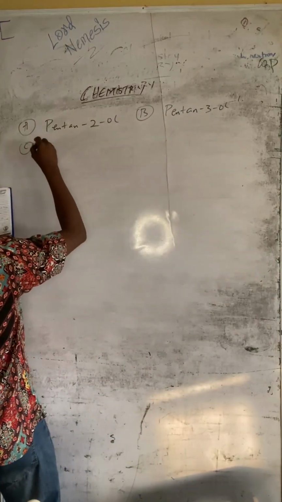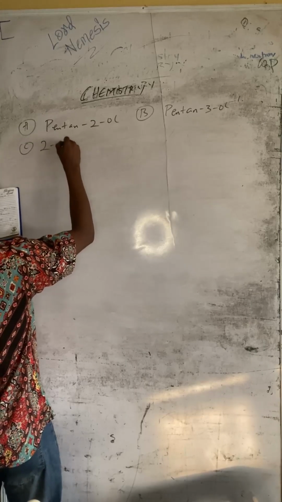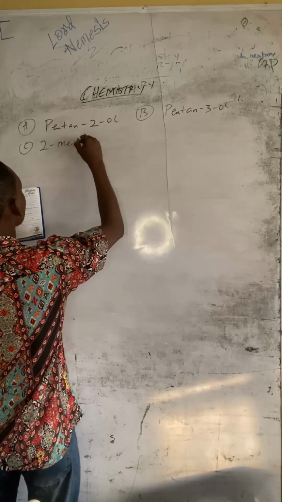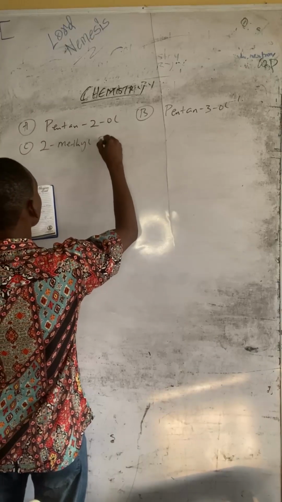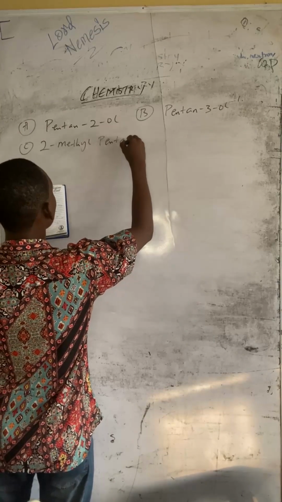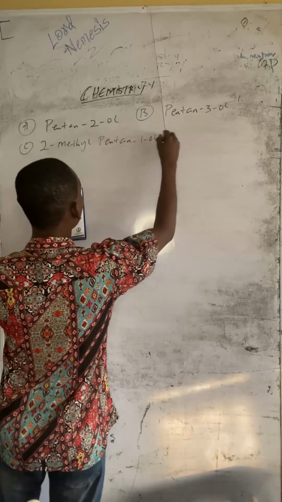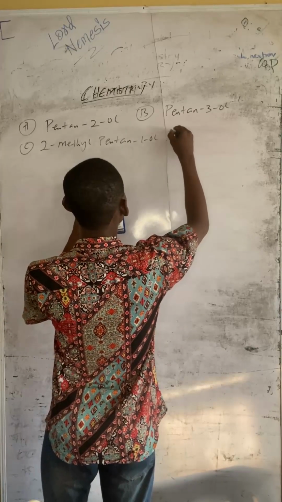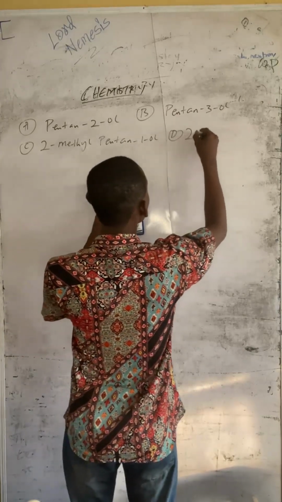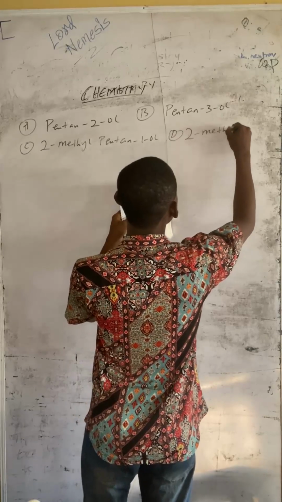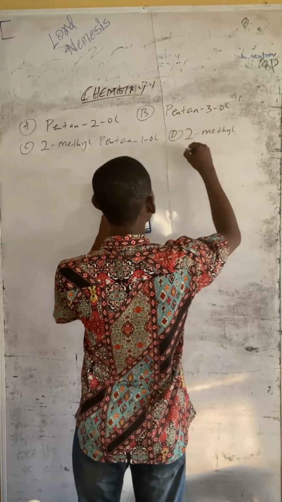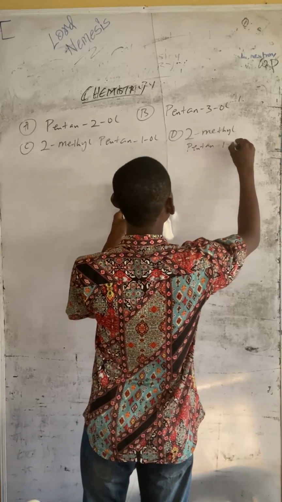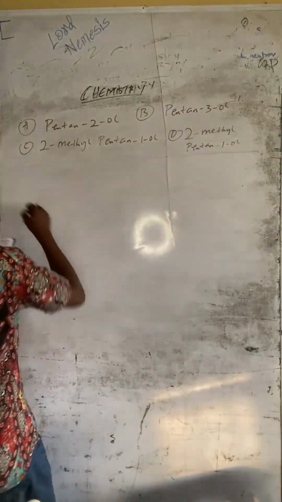Option C is 2-methylpentan-1-ol, and option D is 2-methylpentan-2-ol. All right, we are asked to do that.